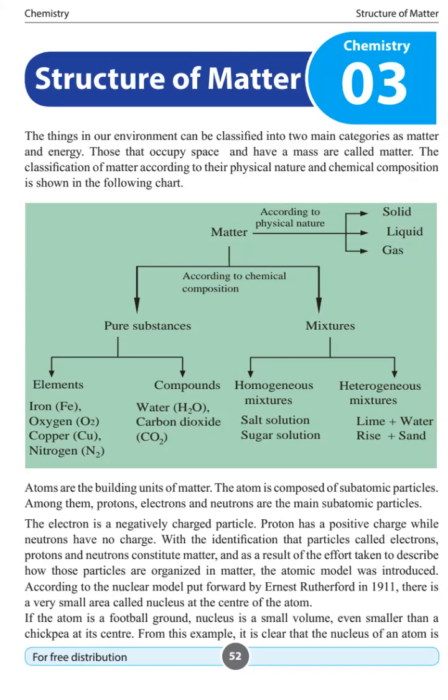Heterogeneous mixtures are not uniformly distributed, like lime and water, or rice and sand. If you take a soil solution, soil particles will settle down and the upper layer will be clearer than that. So it is a heterogeneous mixture.